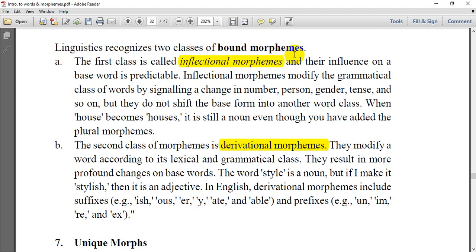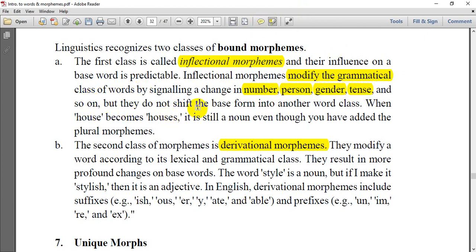Inflectional morphemes, and their influence on a word, is predictable. Inflectional morphemes modify the grammatical class of words by signaling a change in number, person, gender, tense, and so on.